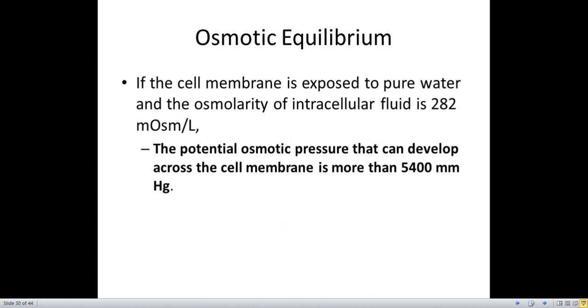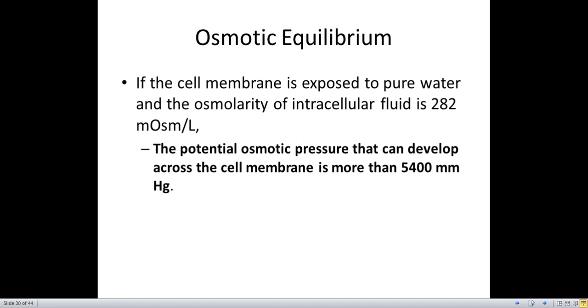Therefore, if the cell membrane is exposed to pure water and the osmolarity of intracellular fluid is 282 milliosmoles per liter, that is the corrected osmolarity, the potential osmotic pressure that can develop across the cell membrane is more than 5400 millimeters of mercury.